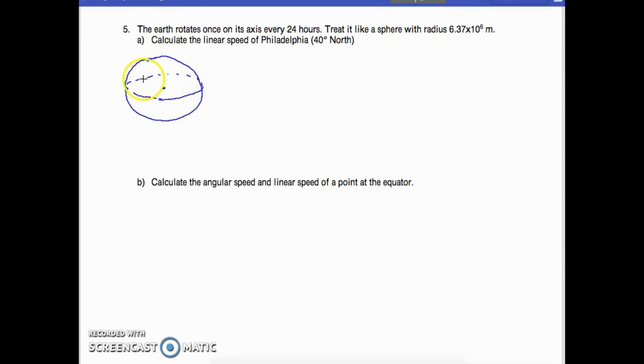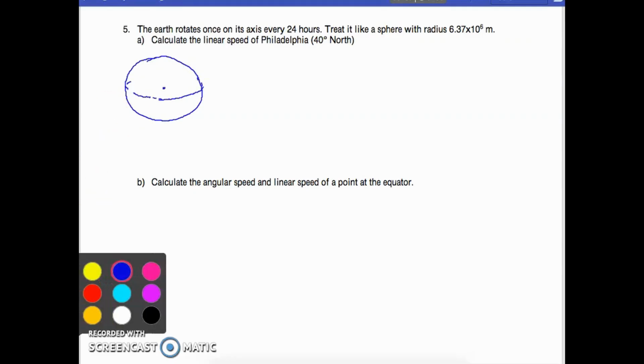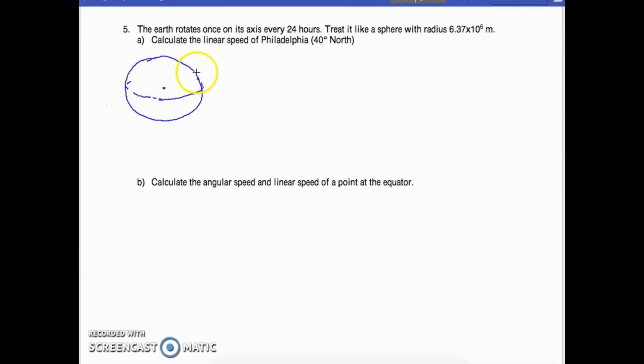If you're spinning, it doesn't matter where on the Earth you are, you're going to be spinning with the same angular speed, but your linear speed is going to be a little bit different. So we need to get rid of the line there. Philadelphia is at about the 40th latitude.